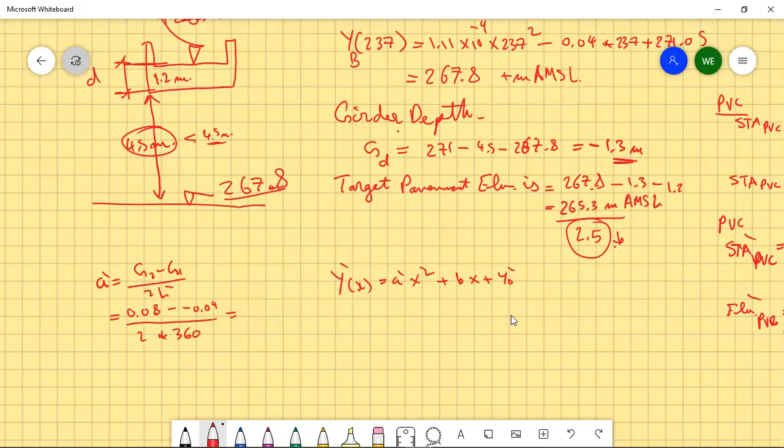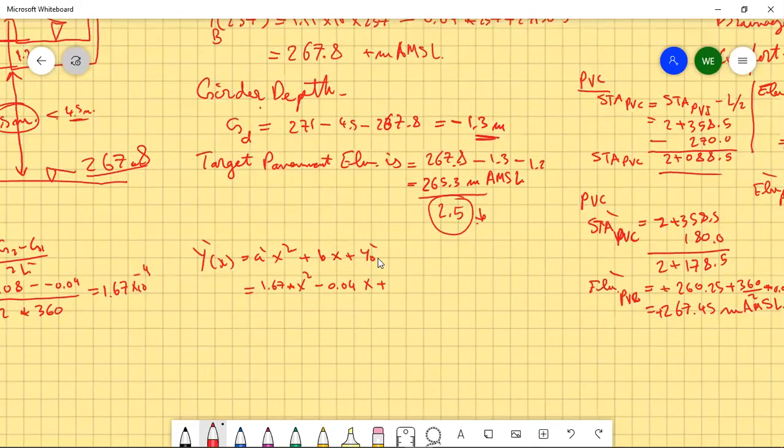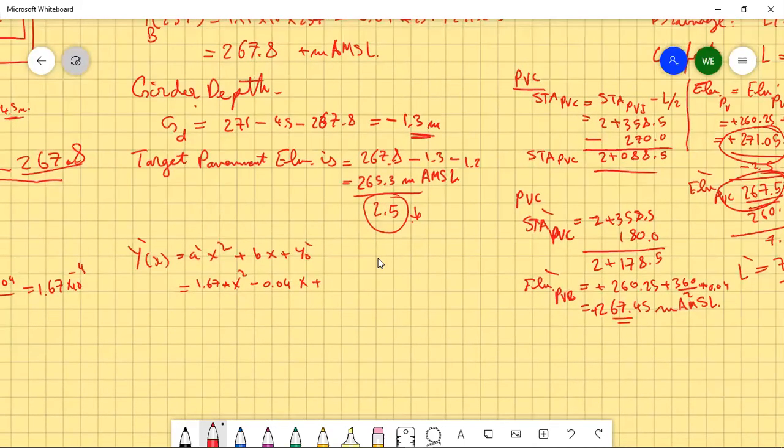So this will add up to 0.12 divided by 2 divided by 360, which is 1.67 multiply 10 to the power minus 4. So this would be 1.67 multiply x square minus 0.04 x plus the new elevation for the BVC, which is 267.45.